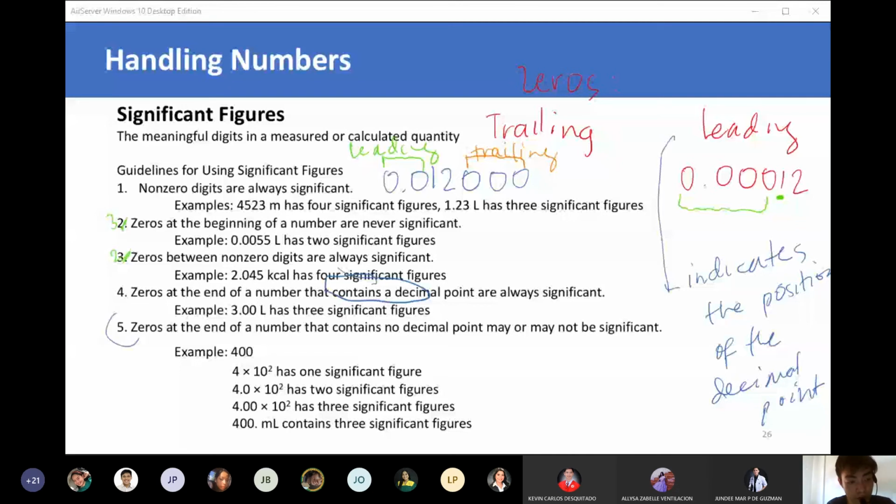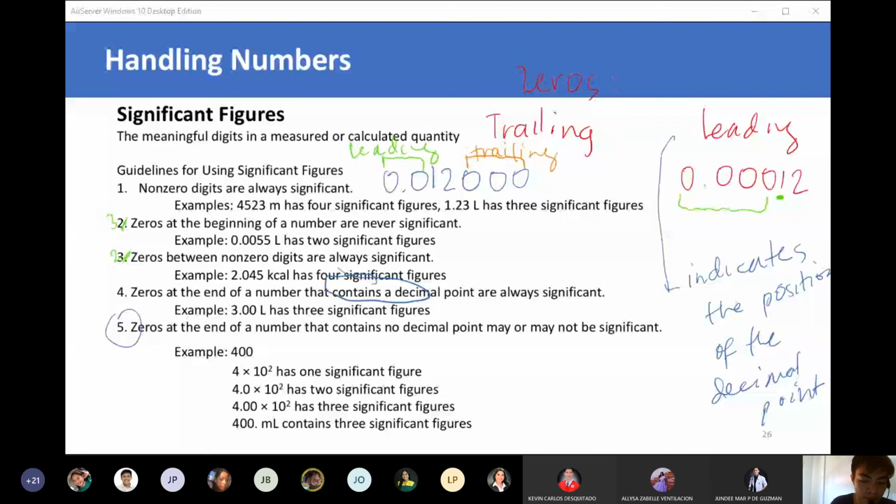So what is rule number 5? It tells us that if there is no decimal point but we have trailing zeros, there is a case of ambiguity. Ambiguity means we don't know and it is prone to different interpretations.